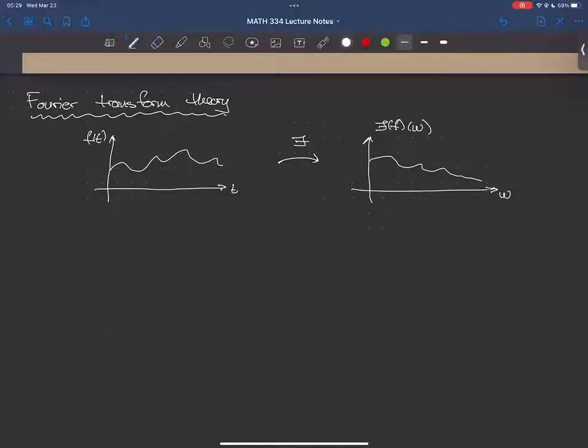The breakdown of the four kinds of Fourier transforms we're going to talk about will come in two classes of two.